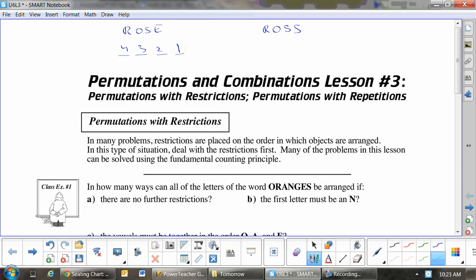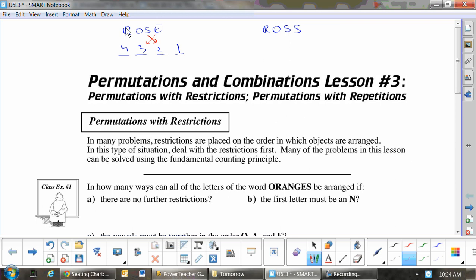But what about Ross? How many ways can I make unique, different permutations of Ross? Do you see how if you take these two and mix them up, it makes a different word? Yes.